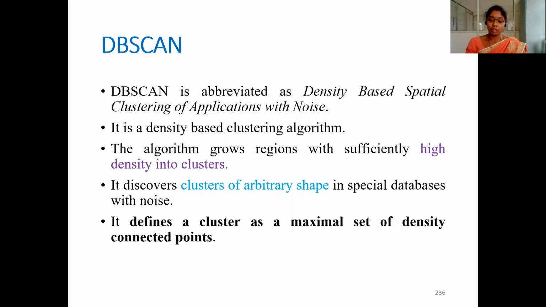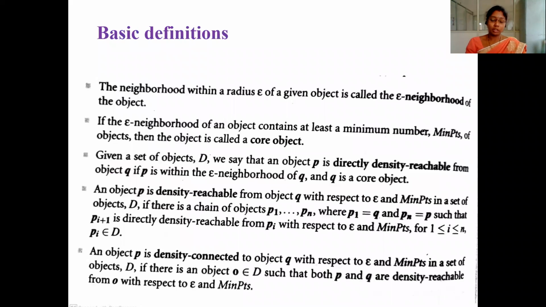Before going to that, let me briefly remind you of the previous topic. DBSCAN can identify clusters of arbitrary shapes. For that, there are some terminologies we need to know before going for DBSCAN: epsilon neighborhood and min points.